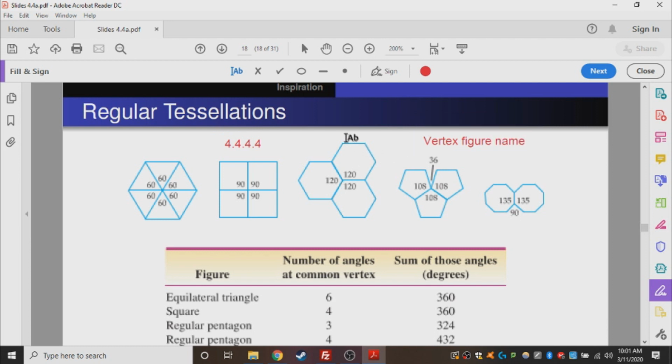So a hexagon, I'll squeeze it up here. A hexagon's name is 6, and there are 3 of them. Triangle's name is 3, and there are 6 of them.